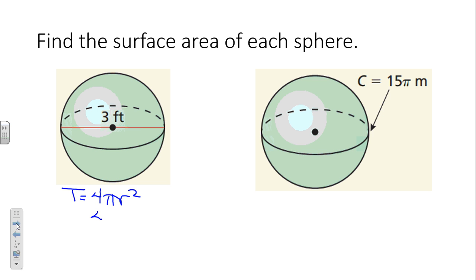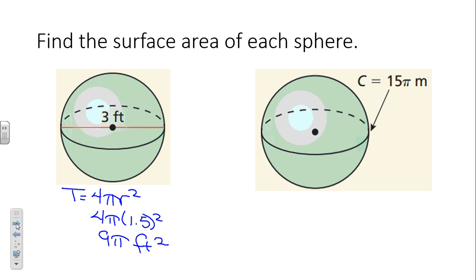Good. 4 times pi times 1.5 squared. 1.5 squared is 2.25. When you take 2.25 times 4, what do we get? 9. So 9 pi is one answer. If you prefer to multiply pi in, I'll certainly take that. But this is simpler. Okay? And what's our unit? Good.